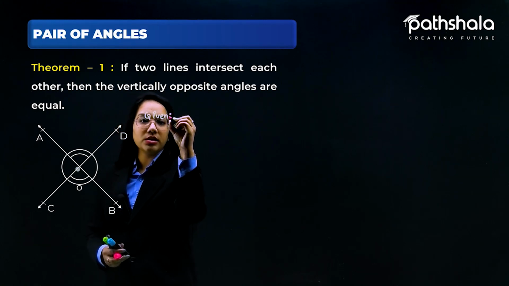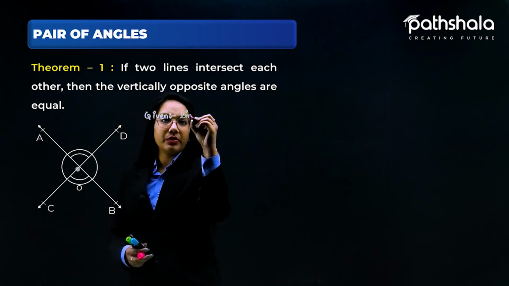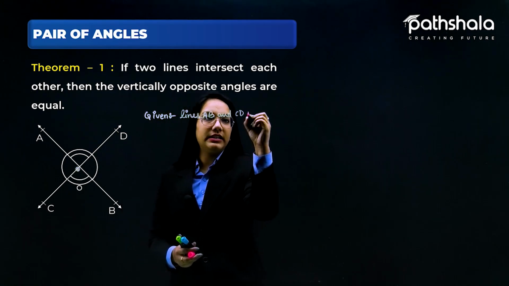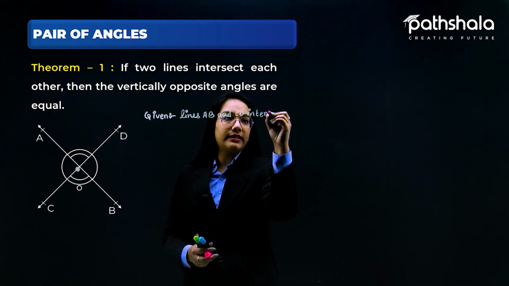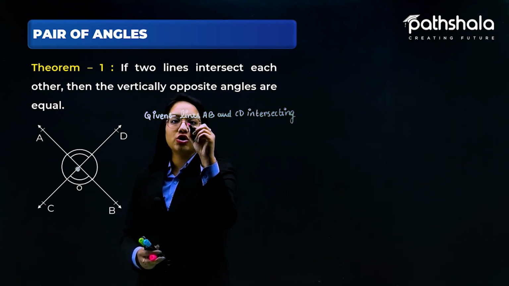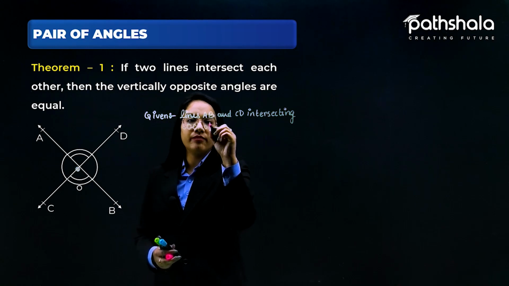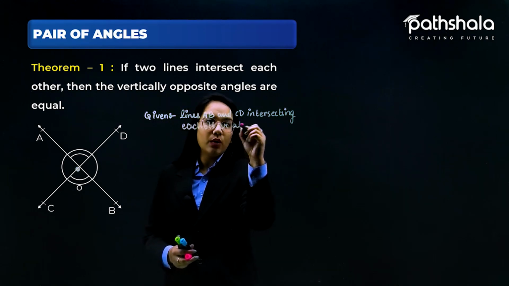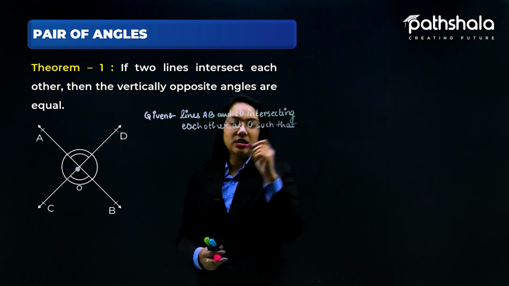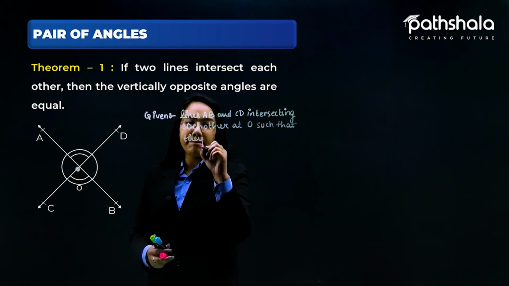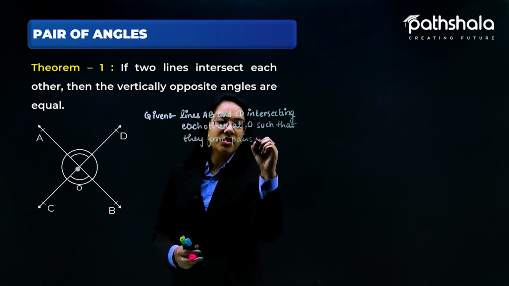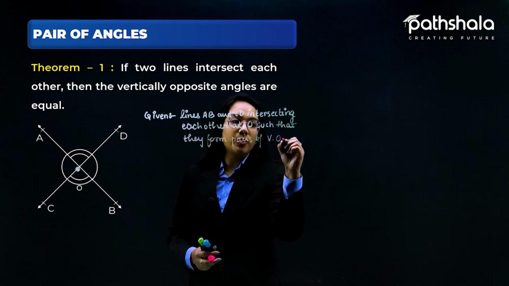The given is the lines AB and CD intersecting each other at point O such that they form pairs of vertically opposite angles.